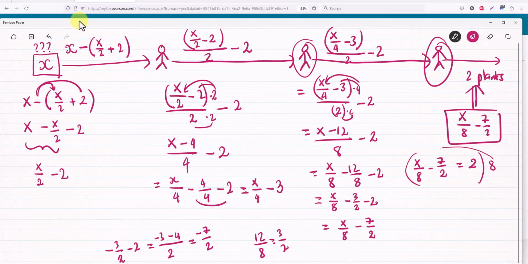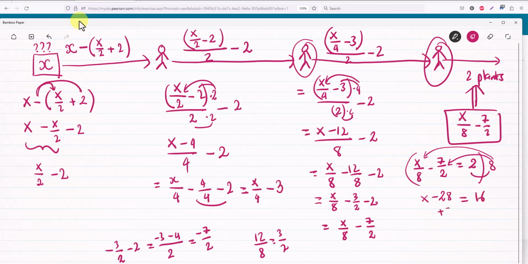So I bring the 8 inside, right? Then 8 divided by 8, no more 8, so I have only x. And when I bring the 8 inside here, 8 divided by 2 is 4, and 4 times 7 is minus 28. And then 8 times 2 is 16.